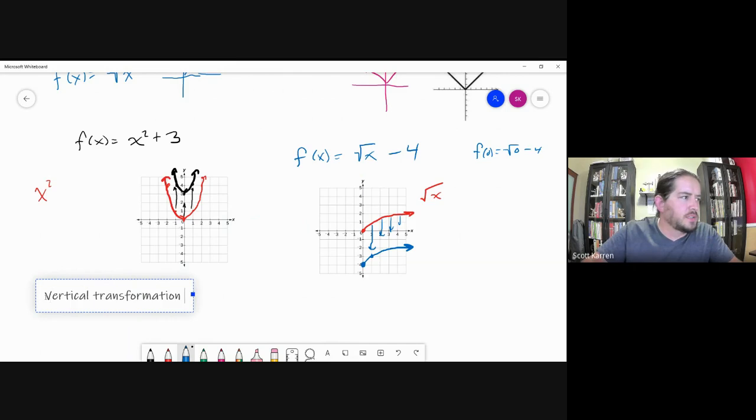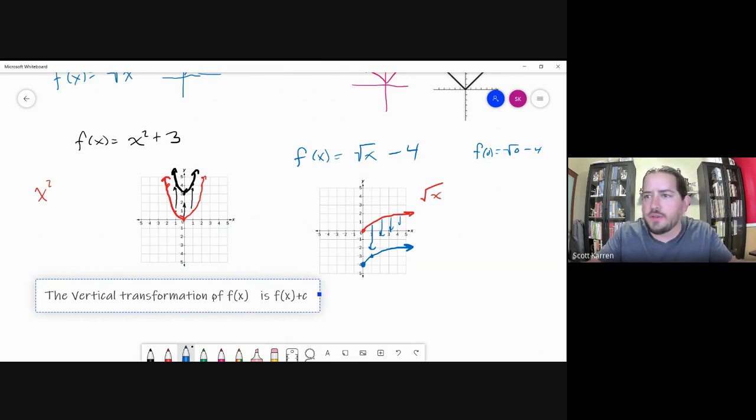So we'll say this, the vertical transformation of f of x is that function plus some c value. I don't know what the c value is. In the first one, it's 3. In the second one, the square root function, that's minus 4.